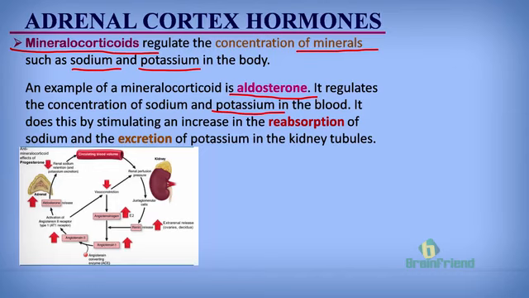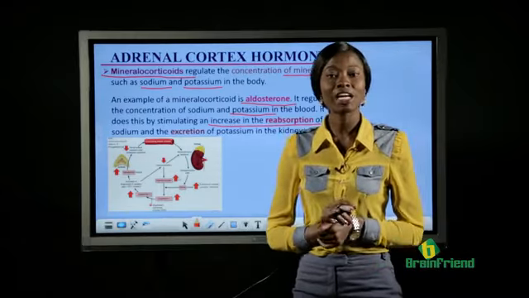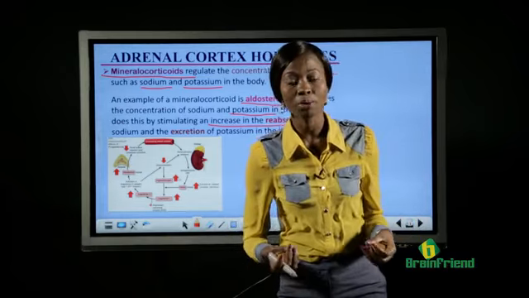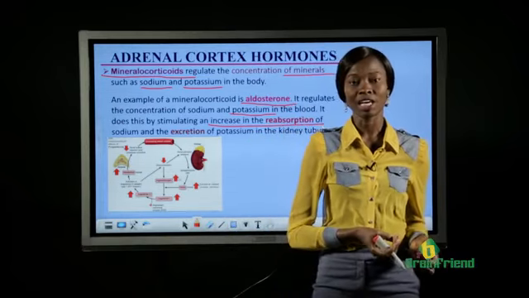Aldosterone stimulates increased reabsorption of sodium from the blood. It does this at the kidney. Remember the kidney tubules, where certain minerals are reabsorbed from the urine and certain minerals are allowed to be excreted with the urine. Aldosterone is stimulated when the concentration of sodium in the blood is lower than it should be.